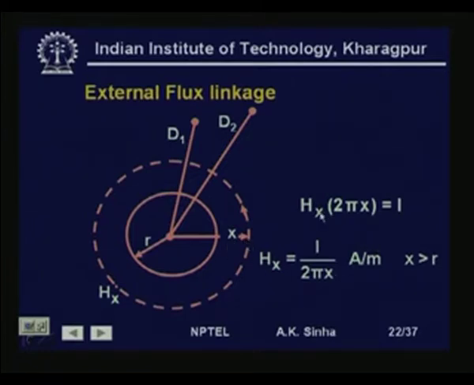Again we take a concentric contour, and using Ampere's law we get Hx into 2 pi x is equal to I, because now this contour is enclosing all the total current which is flowing in this conductor. From there we get Hx is equal to I by 2 pi x ampere per meter for x greater than r.